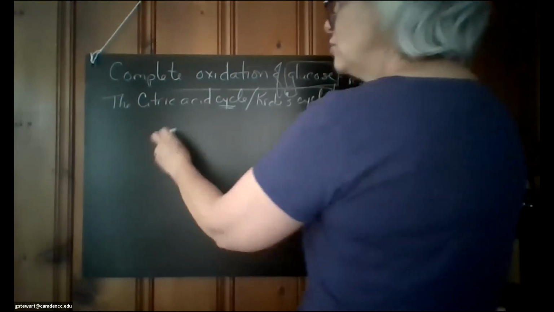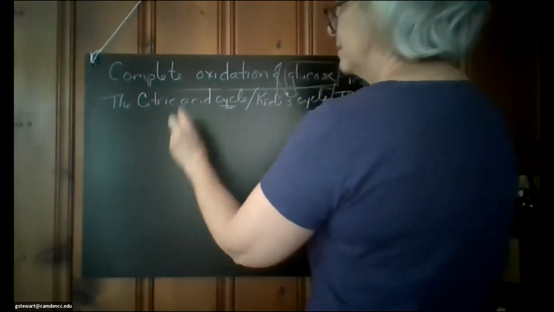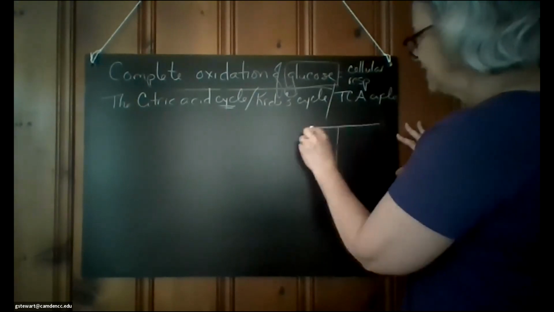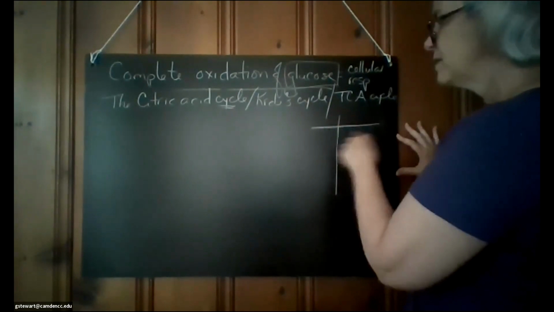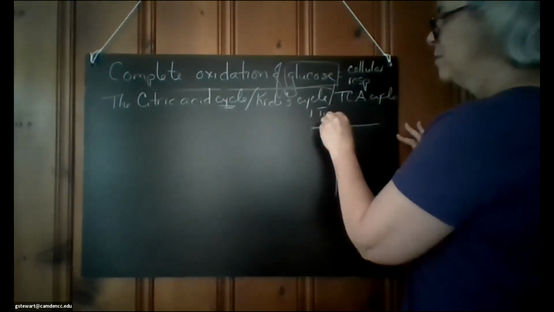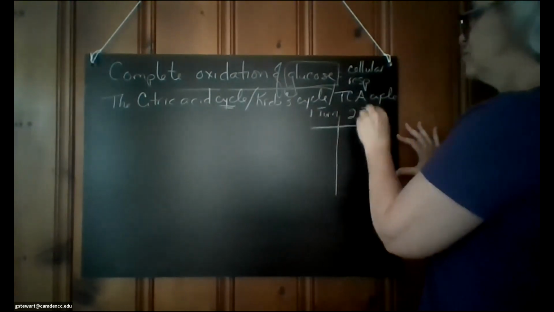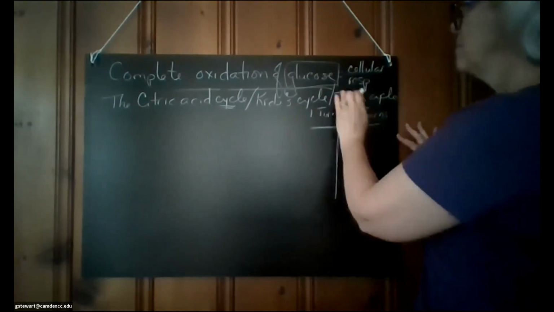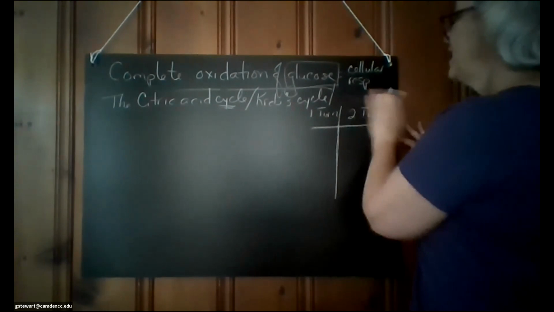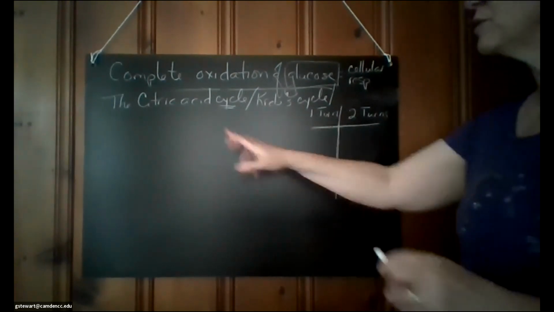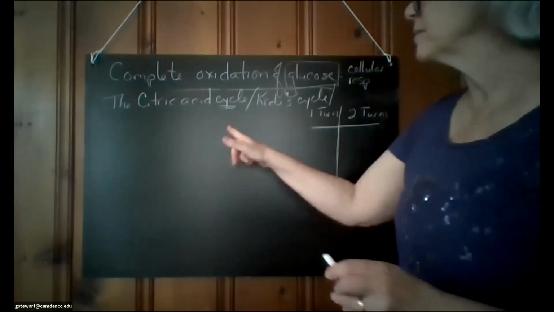So I usually draw the cycle like this. Over here to the right, I think it's important that you make a little chart. And I always write above that, I write 1 turn and then I write 2 turns. Okay. Because remember, we have pyruvic acid. Every textbook in the world is only going to show you 1 pyruvic acid going around the Krebs cycle.